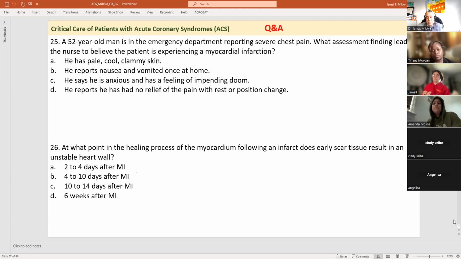That's when we expect these changes in the healing process of the myocardial infarction to take place.